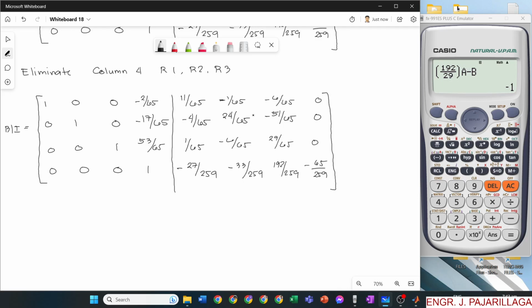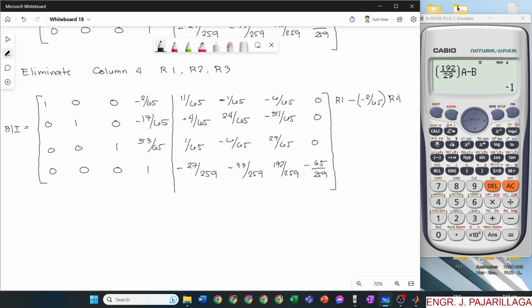For row 1, ano yung i-multiply ko? So, since ito ay negative 2 over 65, so ang gagawin ko is row 1 minus negative 2 over 65 multiplied by row 4. Okay?